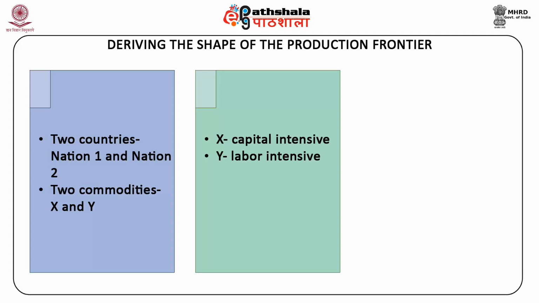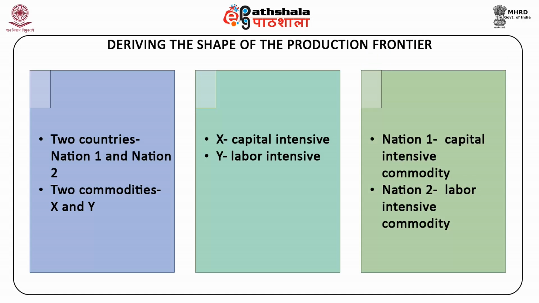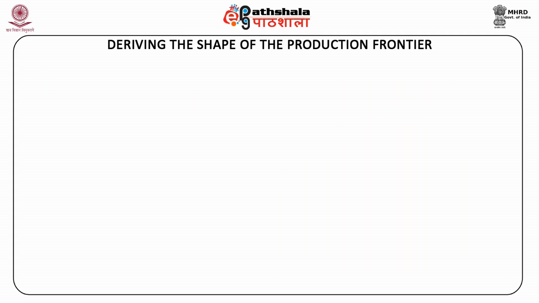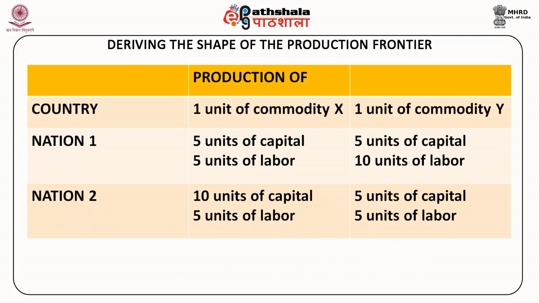Further assume that Nation 1 specializes in producing the capital commodity, and Nation 2 is considered to be an agricultural country and thus specializes in commodity Y. Let us understand it with the given example.